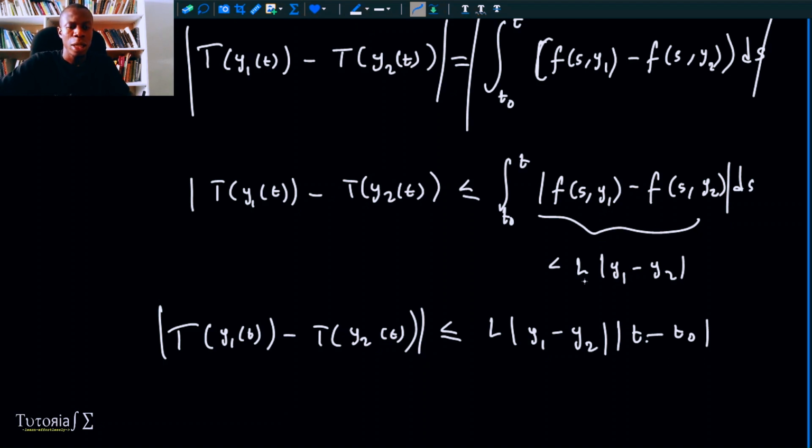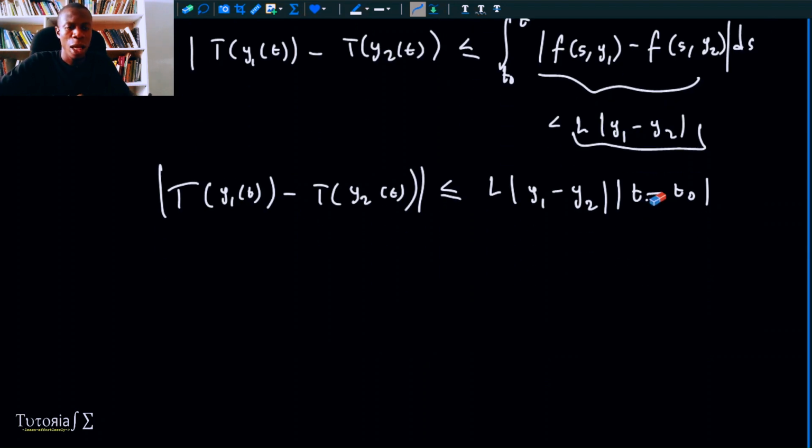By the Lipschitz condition, this is some constant, and if we integrate over a constant, it will just be t minus t0. We know what t minus t0 is, and we can take the maximum of y1 minus y2.